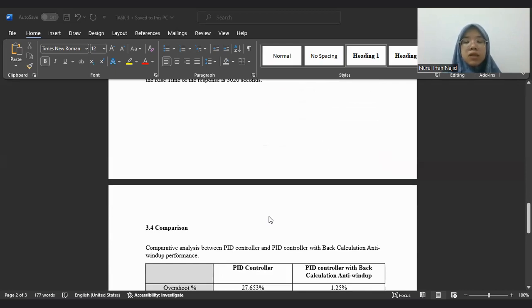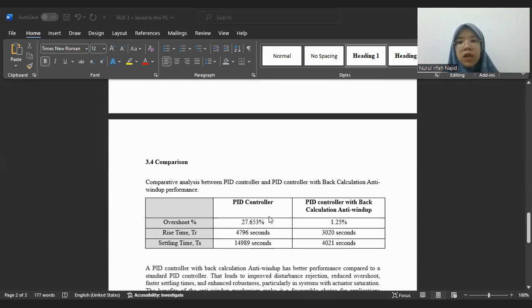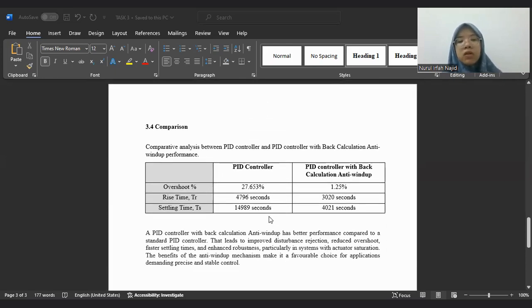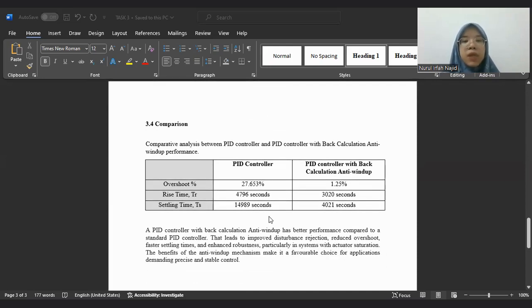So last for this, we need to get the analysis, which is we need to compare the PID controller and the PID controller with back calculation anti-windup performance. So we get the PID controller overshoot, which is 27.653%. So we get the robust PID design, which is 1.25%.